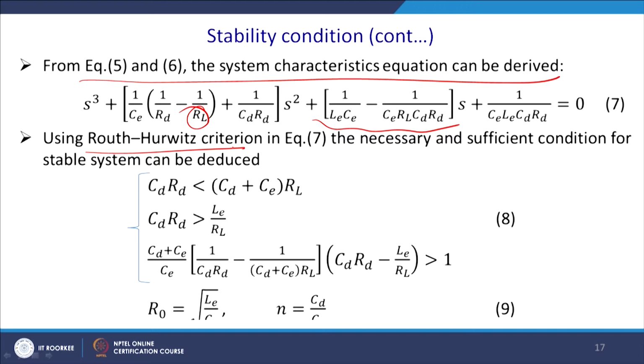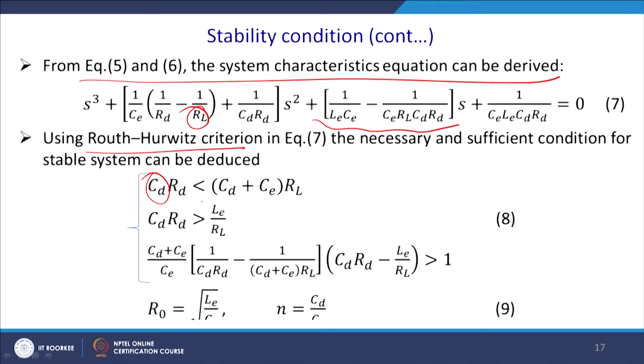In equation 7, the necessary and sufficient conditions will be the sign change in the first column, and thus we rewrite the Routh-Hurwitz criterion here. So, what you get here is C d into R d should be less than R L into C d into C, for the stability criterion to be fulfilled.